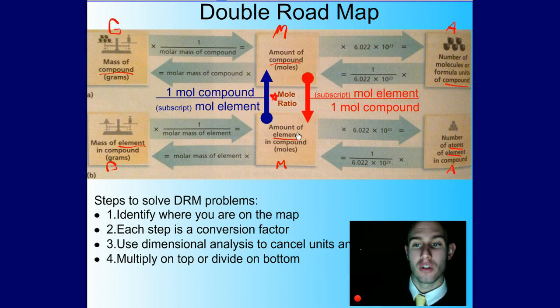I need to now go down to the element in the compound and then back over to get to the mass of just the element. So bear with me here. I'm going to use my mole ratio here, which is the subscript of the element over 1 mole of the compound, to go from a compound, which is ibuprofen C13H18O2, into a single element of that compound, just carbon.